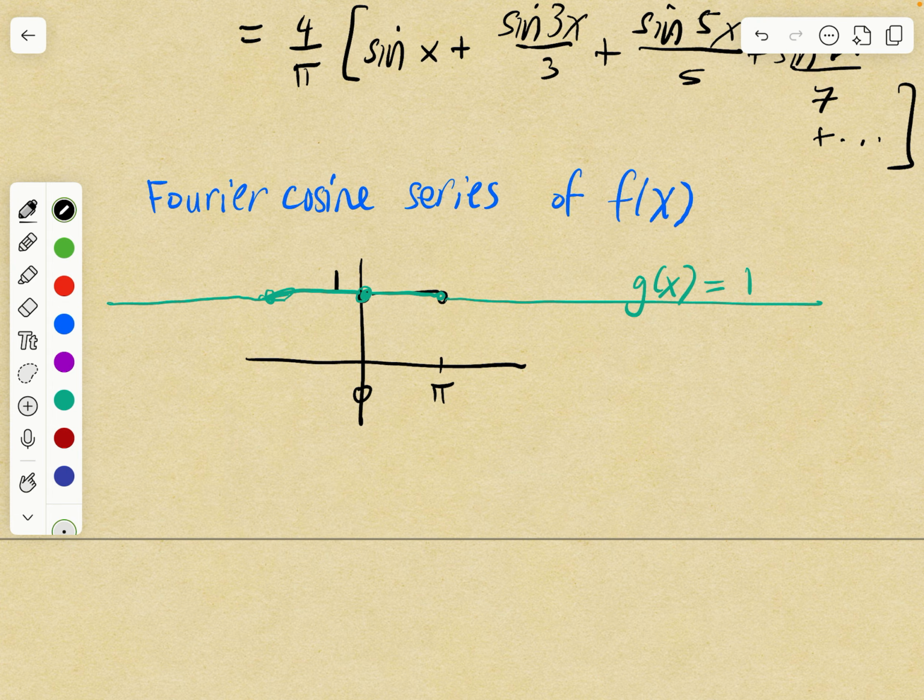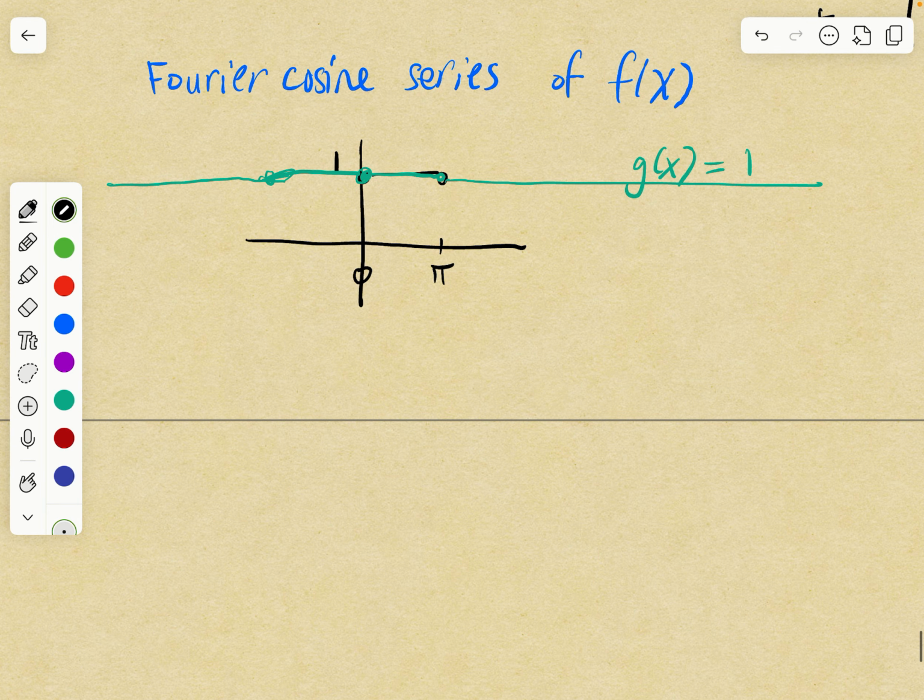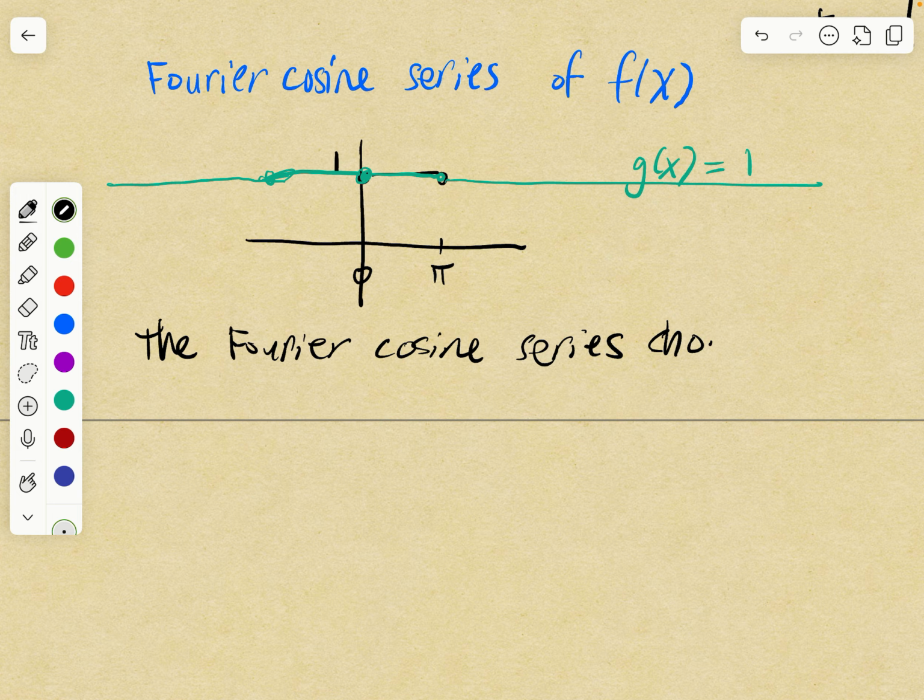Let's check that this is in fact true. We didn't check it yet, but intuitively it should just be 1 because you have this A0 over 2 term. So your A0 should be 2 and then everything else should be 0.